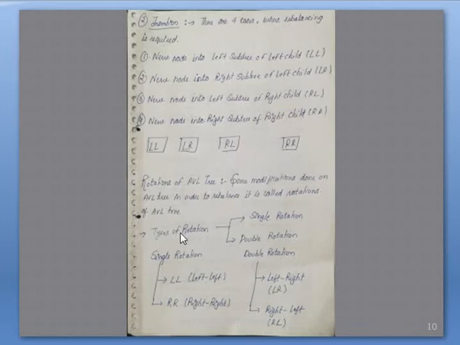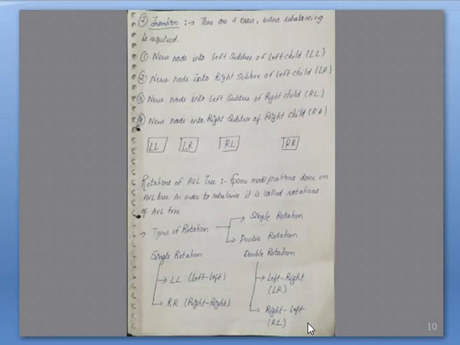The rotations of AVL tree are some modifications done on the AVL tree in order to rebalance it, so it is called the rotation of AVL tree. Precisely, 2 types of rotations are there. First is a single rotation, second is a double rotation. The single rotations are LL rotation and RR rotation, and the double rotations are LR and RL rotations.